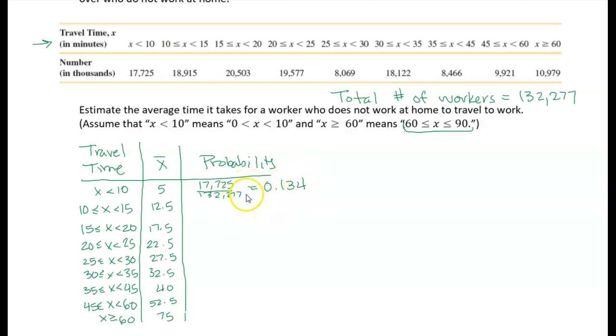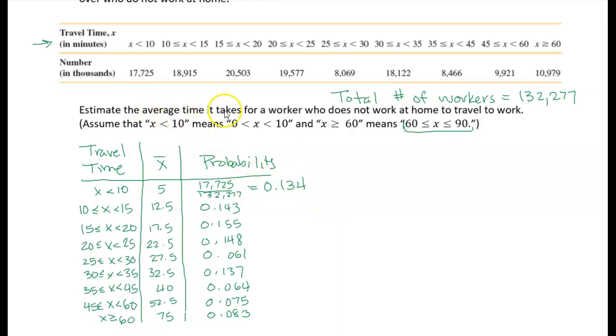I'm going to do that all the way down. The next one is 18,915 divided by 132,277, and so on. I'm going to write down all of those probability calculations. Now I've calculated all those probabilities, and I can compute the expected value.